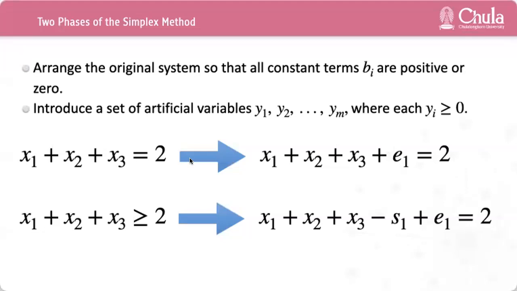For any equality constraint, you add one variable. For example, we have x1 plus x2 plus x3 equal to, we transform this equation to x1 plus x2 plus x3 plus e1 equal to, okay?